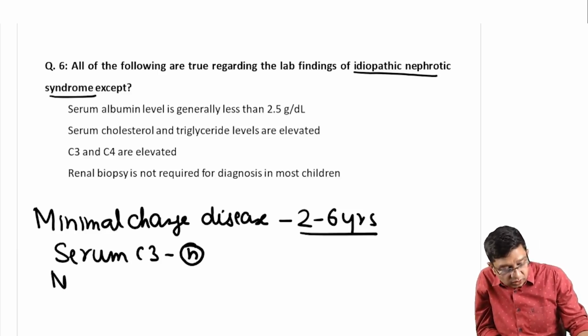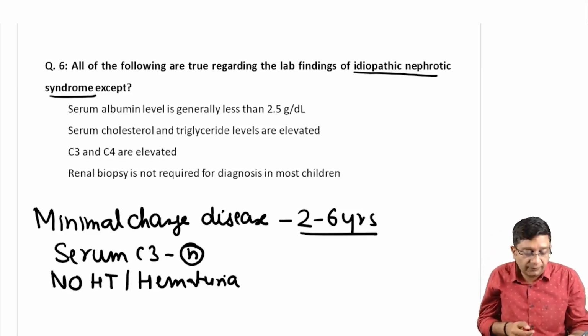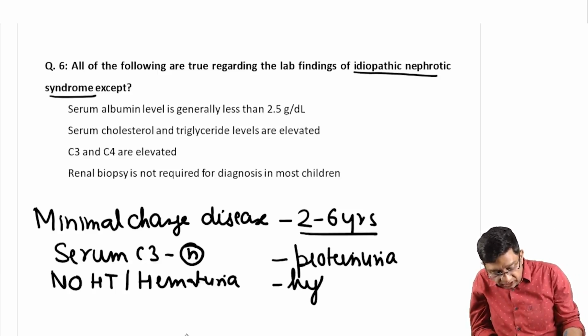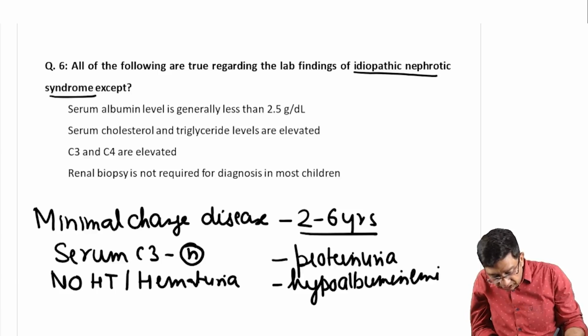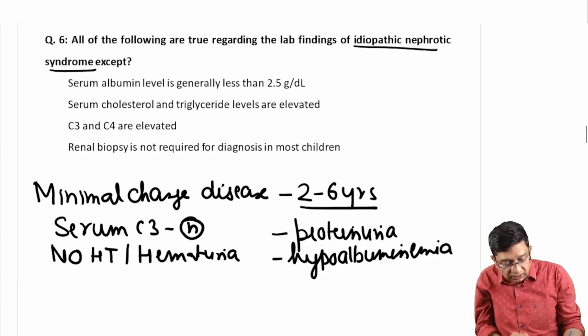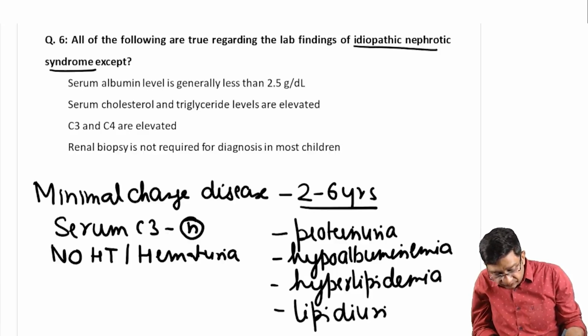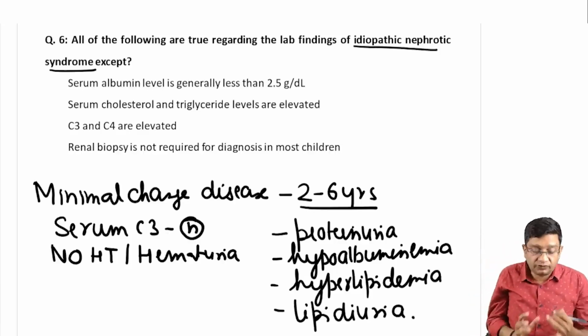There is no hypertension or hematuria. The features are proteinuria, hypoalbuminemia, hyperlipidemia, and lipiduria. Right? So these are all the features which are seen.